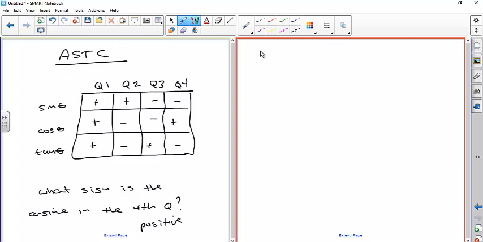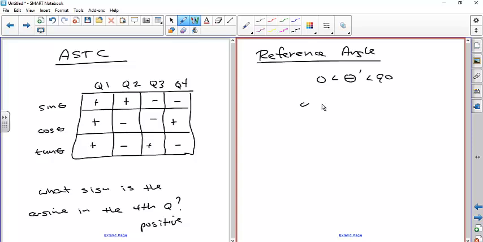Okay, then we talked about reference angles. So reference angles are always values between, we call that theta prime, between 0 and 90, or between 0 and pi over 2.